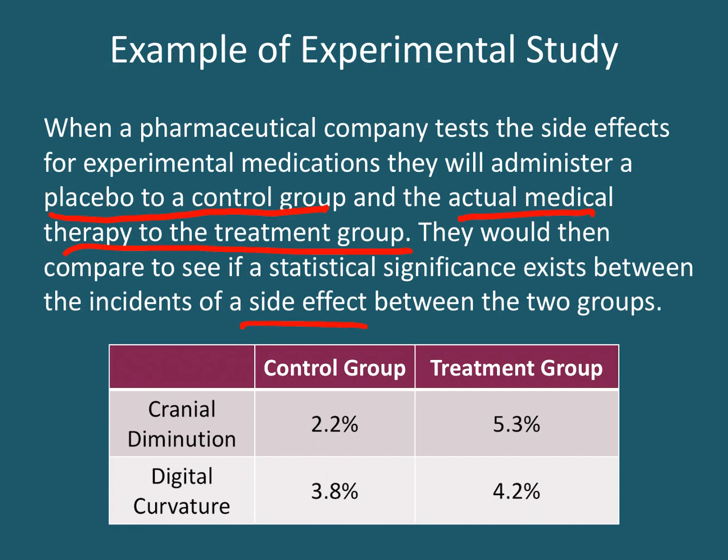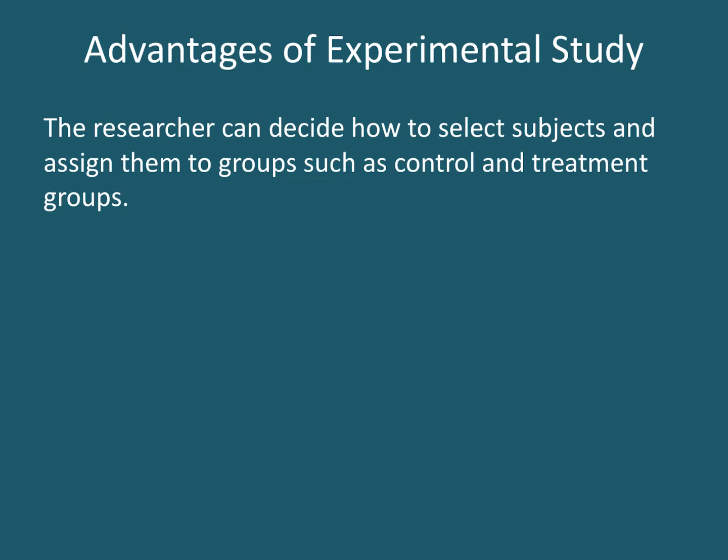Now, as there are advantages and disadvantages to observational studies, there are also advantages and disadvantages to experimental studies. One advantage of an experimental study is that the researcher can decide how to select the subjects and then assign them to groups, such as, like I said in the previous example, control versus treatment group.